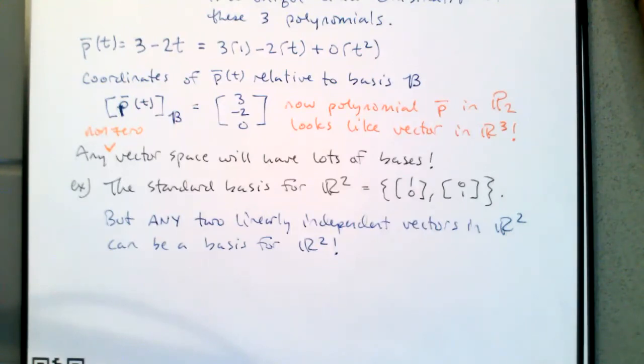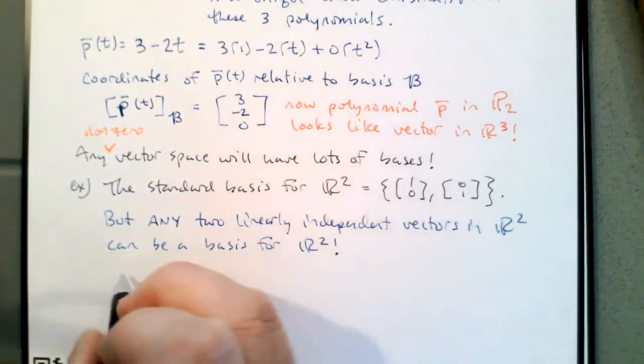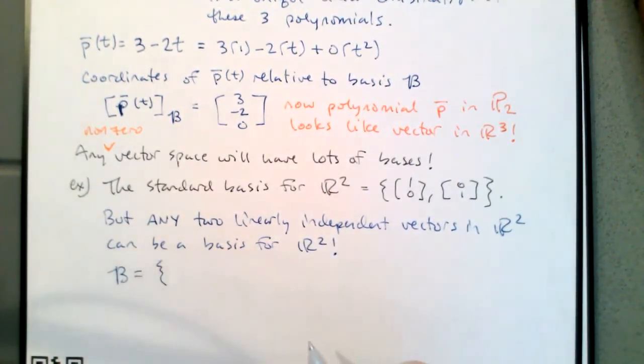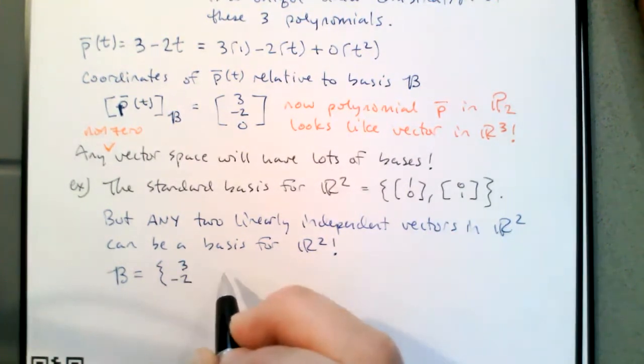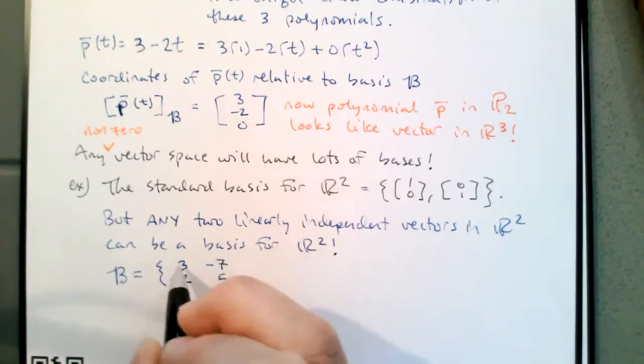So let's make an alternate basis. Let's suppose I had 3, -2, and -7, 5.